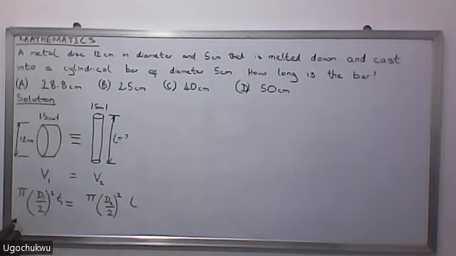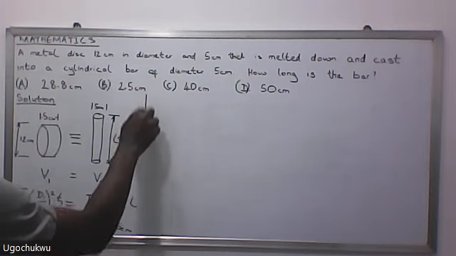Good enough, we have d1 equal to 12 cm, T1 equal to 5 cm. Then on this side, we have d2 equal to 5 cm. And of course, we're looking for L. That's the unknown.